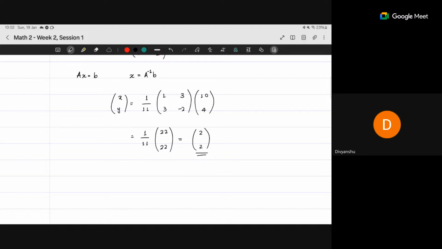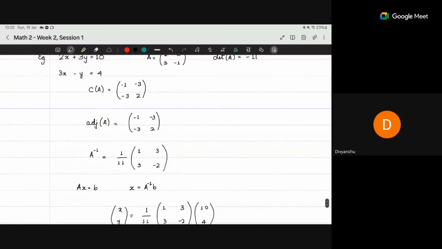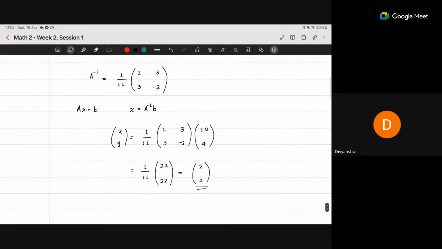And these are two methods: Cramer's rule, where you replace columns by the constant vector and compute certain determinants, or you compute the inverse of the matrix and just multiply it to the constant vector to get your solution. So, two ways to find it.